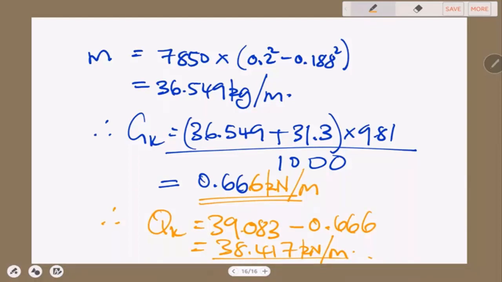So if you look at what I've done there, I haven't taken into account partial factors and all that. So if you want to be really accurate about it, you can divide the values by partial factors. You get it?